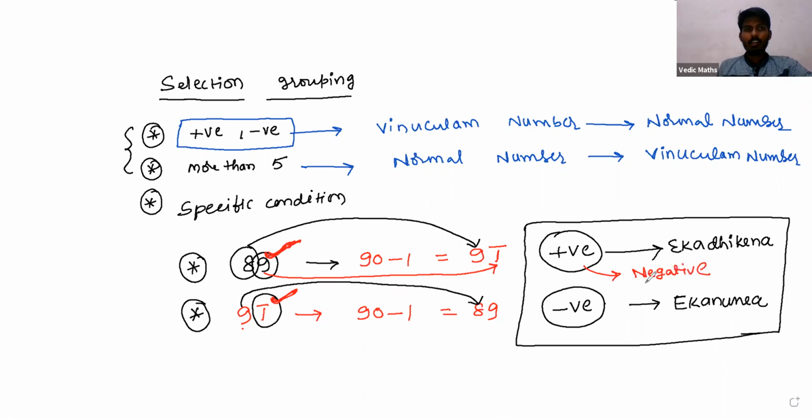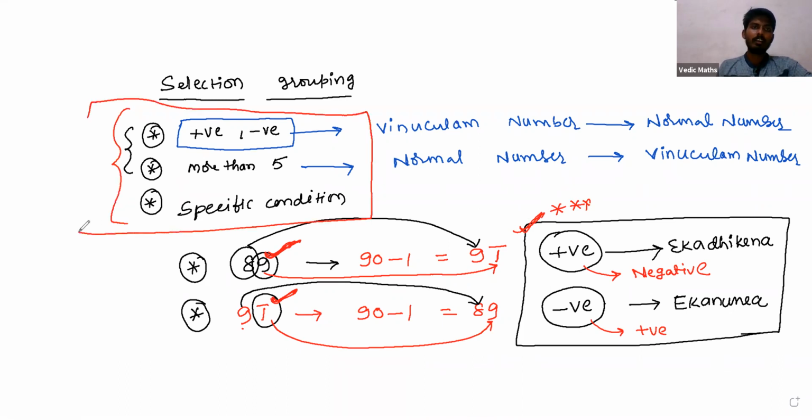Okay, and when you are selecting a negative digit, your answer is in the positive. So here we are converting the answer into the positive. So this is a very important rule along with these 3 points. Very, very important. Okay. Now, let us see how to do selection and grouping.